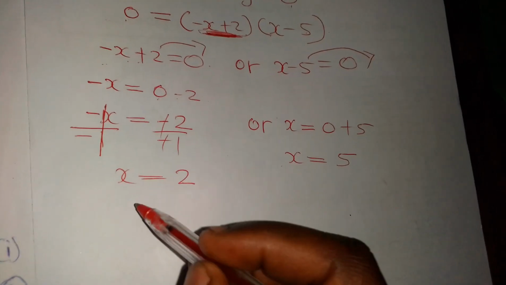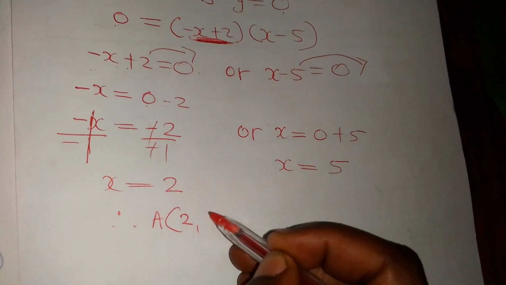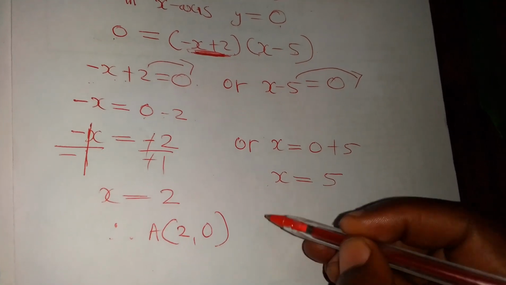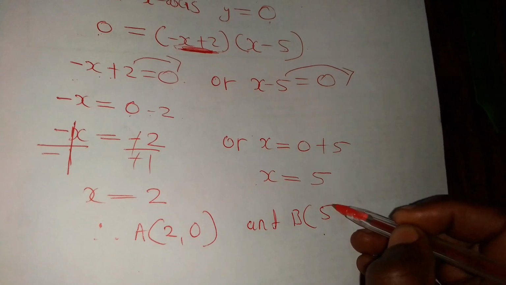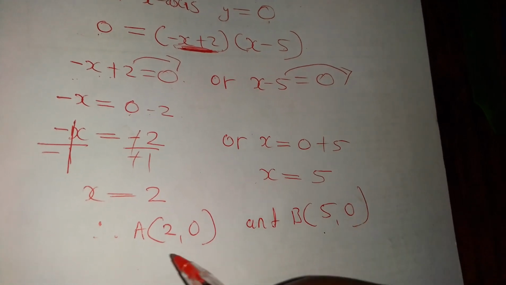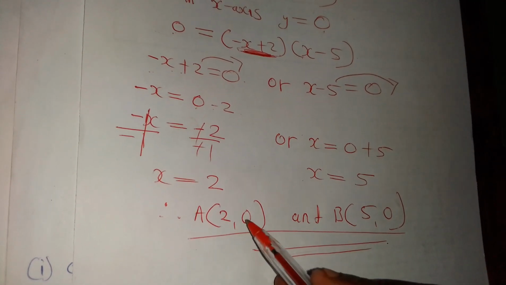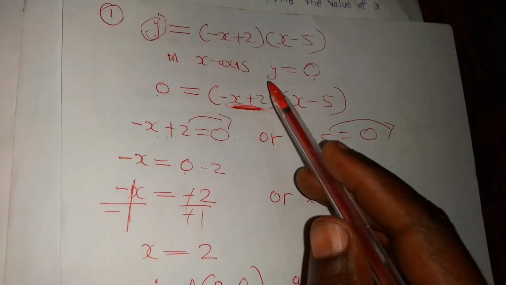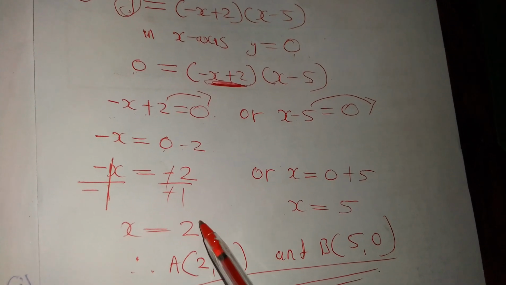We just say the coordinates. Therefore, your coordinates: A is 2, 0, and B is 5, 0. These are the coordinates that they want. Now, why are we writing 0 here? Remember, we said that y is 0, and we have solved for x.